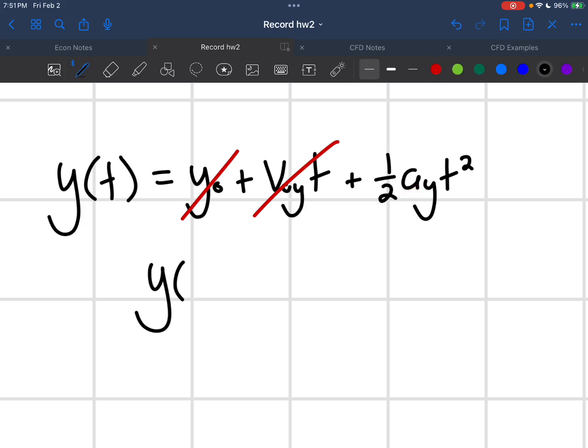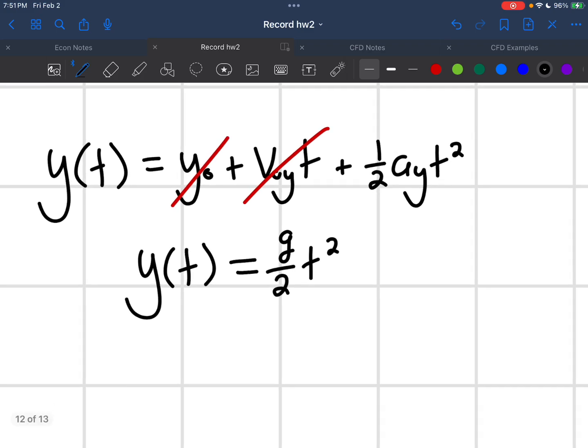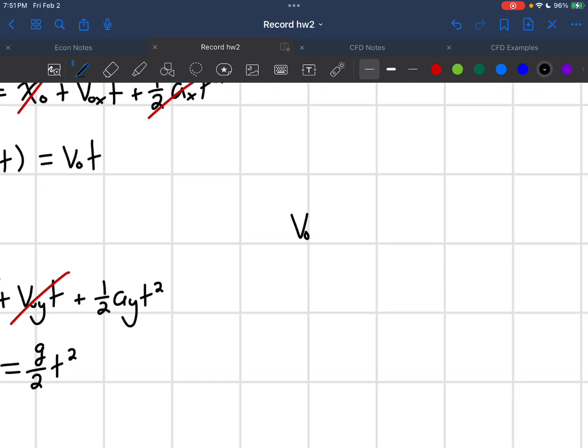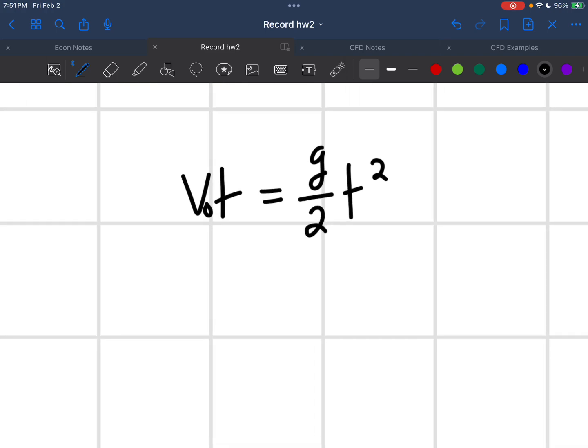So that gives me my equation of y of t equals g over 2 t squared. So now I have to find the time when these two are the same. So I'm going to set my two equations equal to each other. So I have v0 t equals g over 2 t squared.